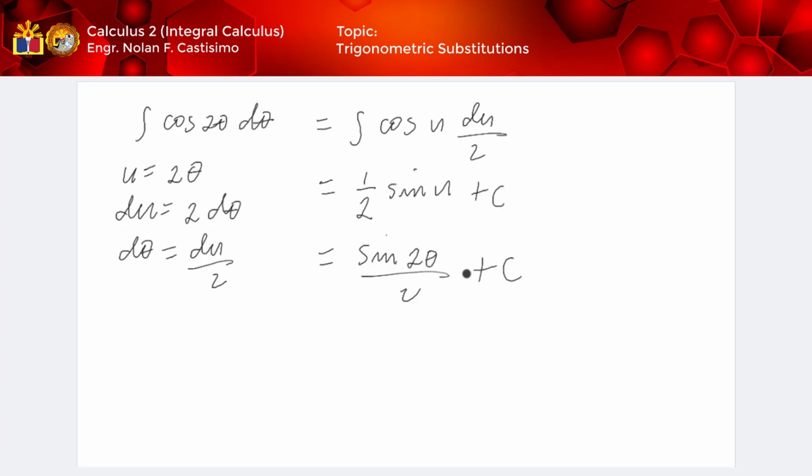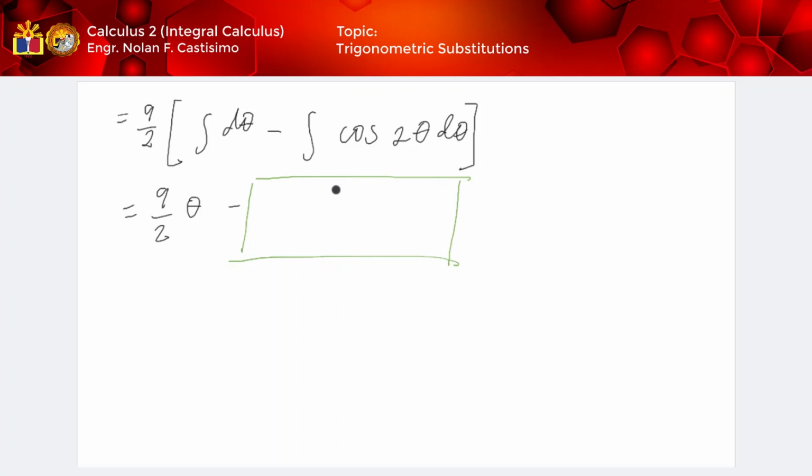So, ito yung substitute natin dito. So, this will become 9 over 2 theta minus 9 over 2 sine 2 theta over 2 plus c.